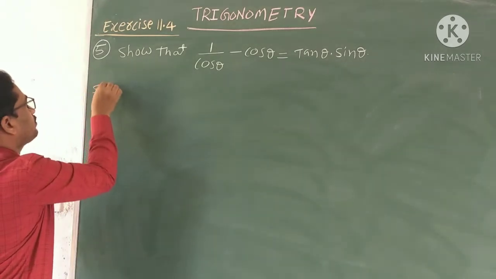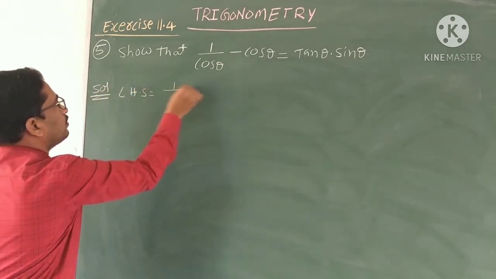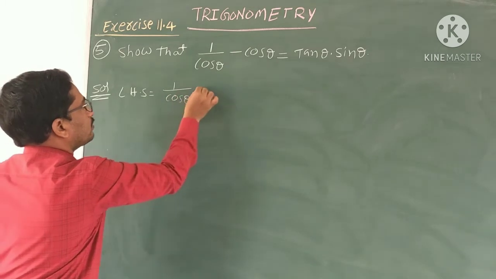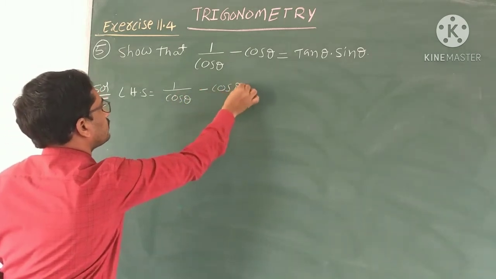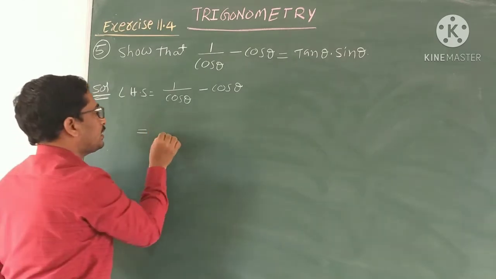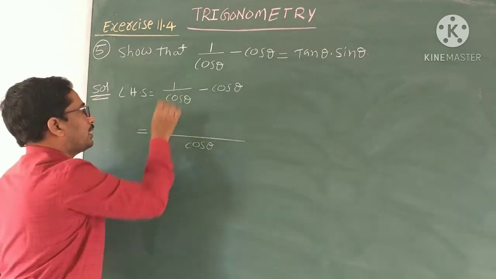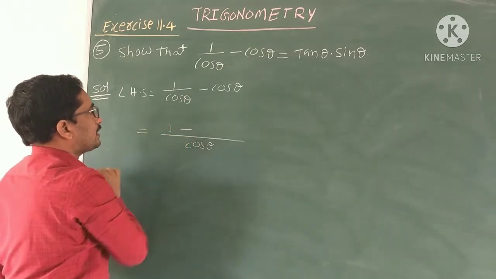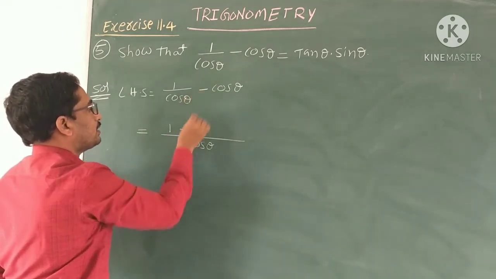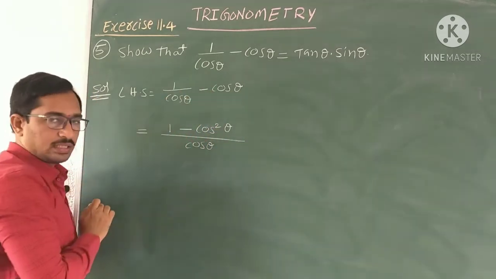See the solution. Take the LHS, 1 by cos theta minus cos theta. Take the LCM. Here the denominator is cos theta and the LCM is also the same, cos theta. Numerator: one as it is, minus cos theta into cos theta, which is cos square theta.